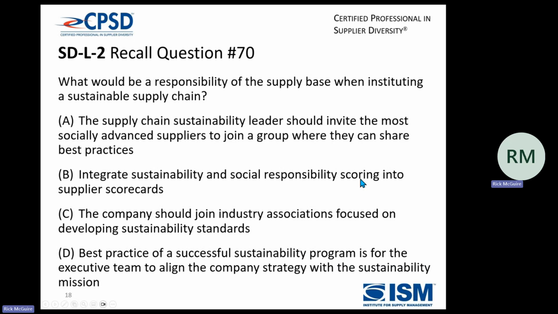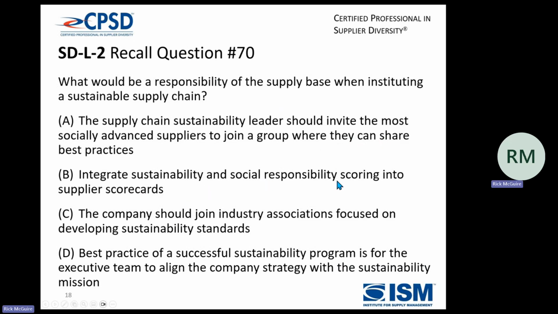Second question. What would be the responsibility of the supply base when instituting a sustainable supply chain? Responsibility of the supply base. Supply chain sustainability leaders should invite the most socially advanced suppliers to join a group where they can share best practices. That could be a responsibility.